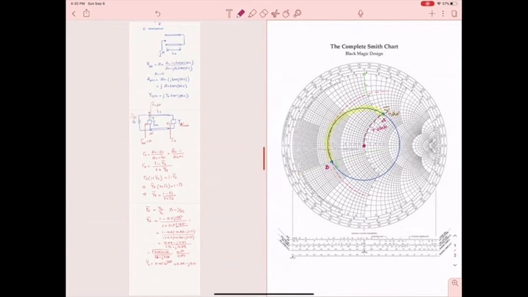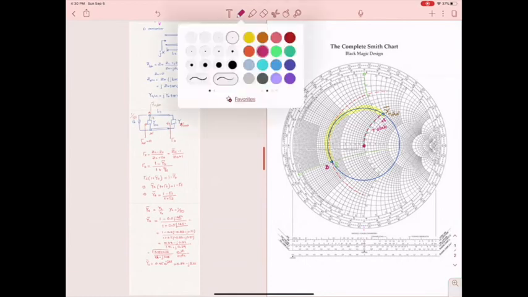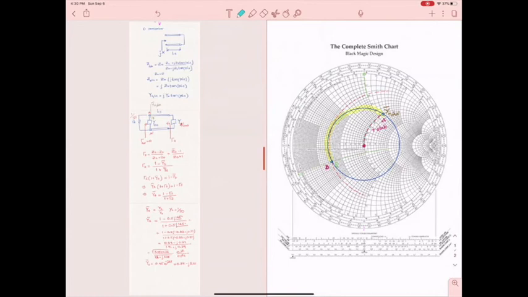So if I want to find how long I had to travel to get from point B to point A, you connect the center of the Smith chart with point B, and you extend it.